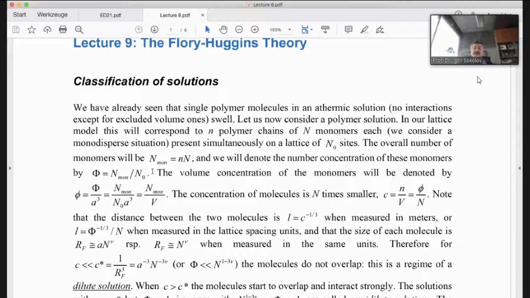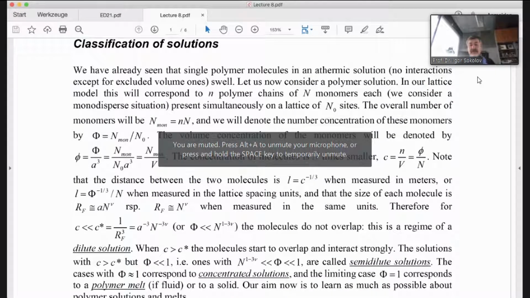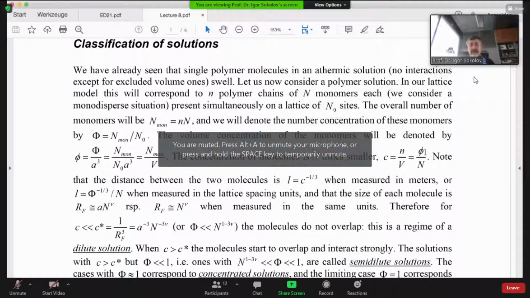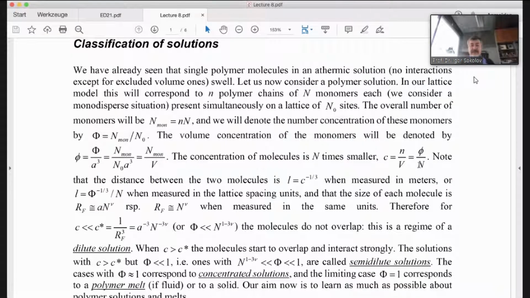And if I calculate everything not in sites but in units of length, I get this concentration of monomers per volume, which is exactly this divided by a cubed, the volume per monomer. And this is one important thing. The concentration of molecules, of polymers, is smaller by the factor capital N.